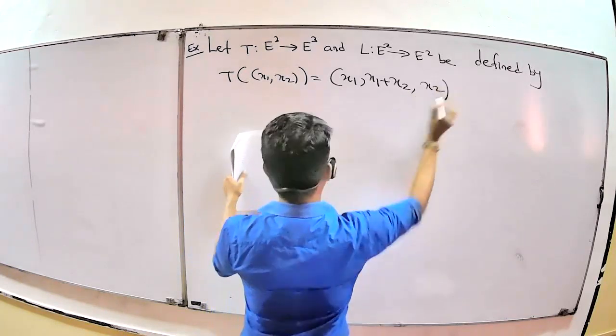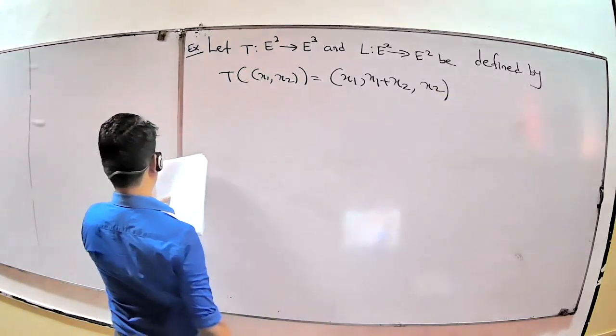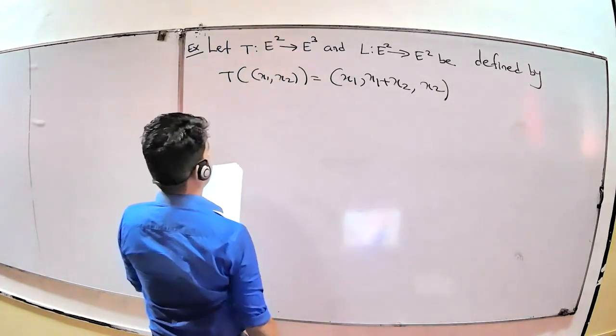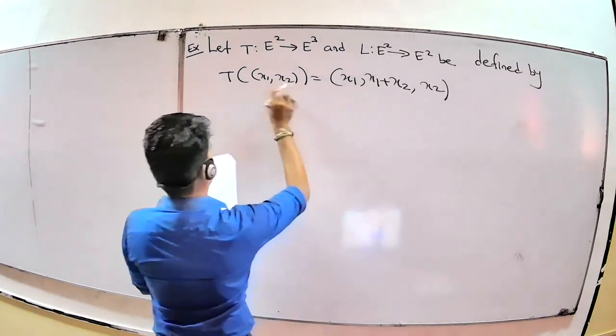Here this T is a mapping from E squared to E cubed, 2 coordinates to 3 coordinates.